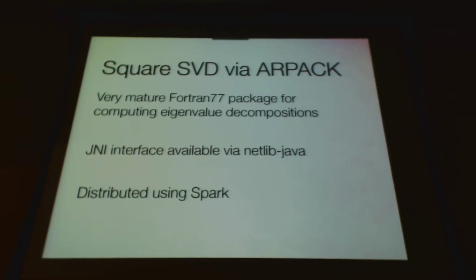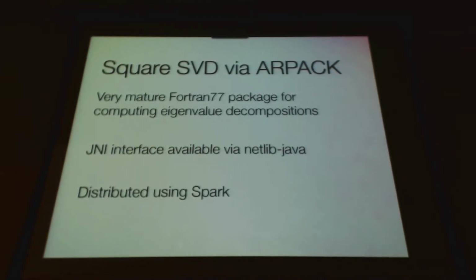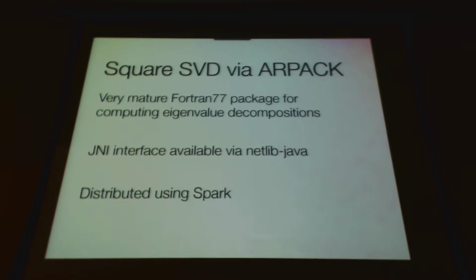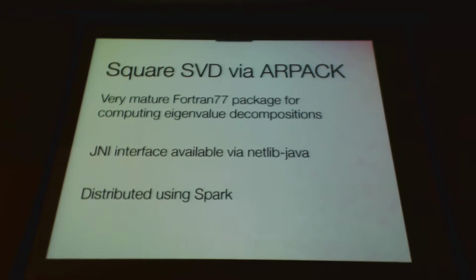In the roughly square case, we do something that seems silly at first: we actually use code from the 70s to compute roughly square SVD. There's this package called ARPACK that has been around since the 70s. It's written in Fortran 77, and it's immensely optimized for a single machine.